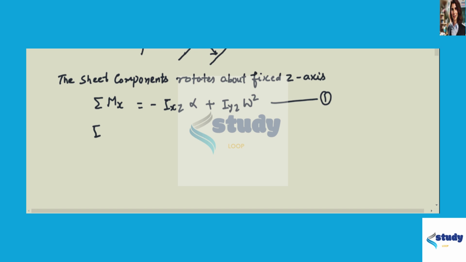Moment of couple along the y-axis can be written as minus Iyz alpha minus Ixz omega square, and the couple about the z-axis is Iz alpha.